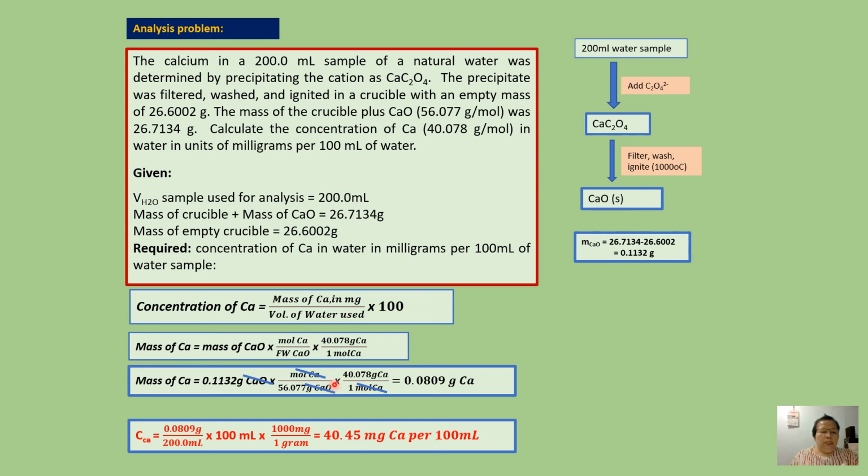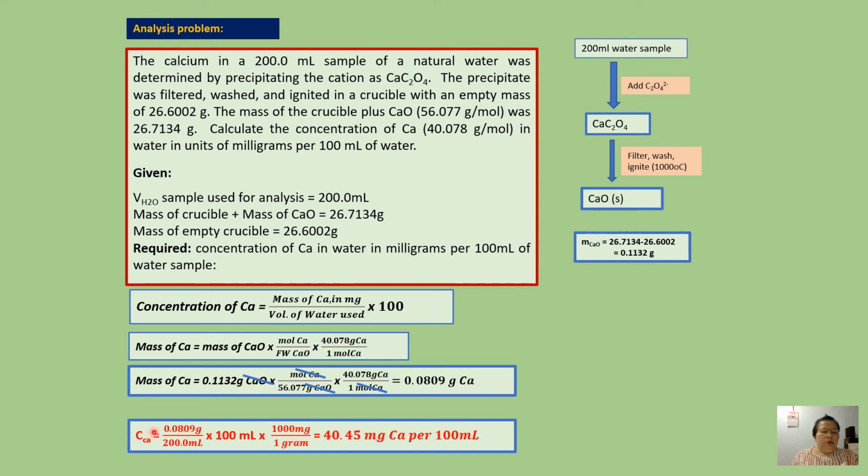Then we multiply this by the molar mass of calcium, which is 40.078 grams calcium per 1 mole. So we can cancel mole calcium and mole calcium. The unit left here is gram calcium. Now, if we simplify this, the answer is 0.0809 gram of calcium.